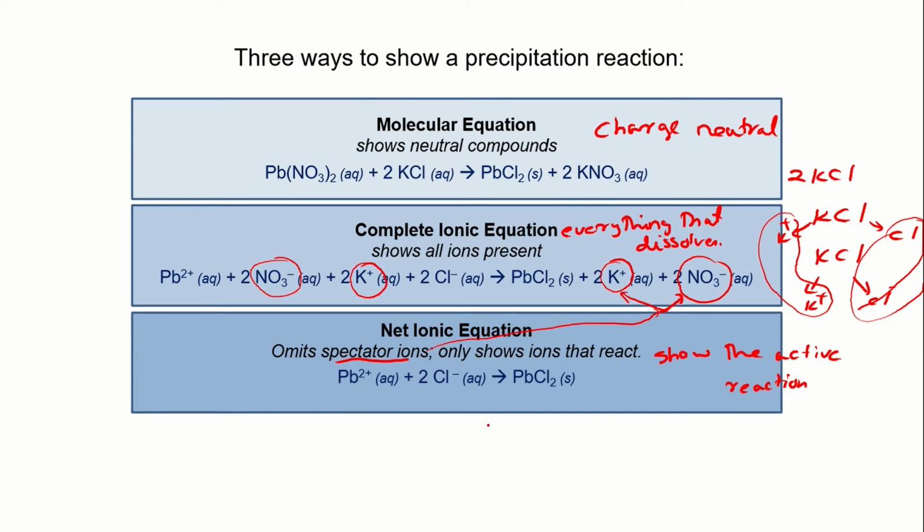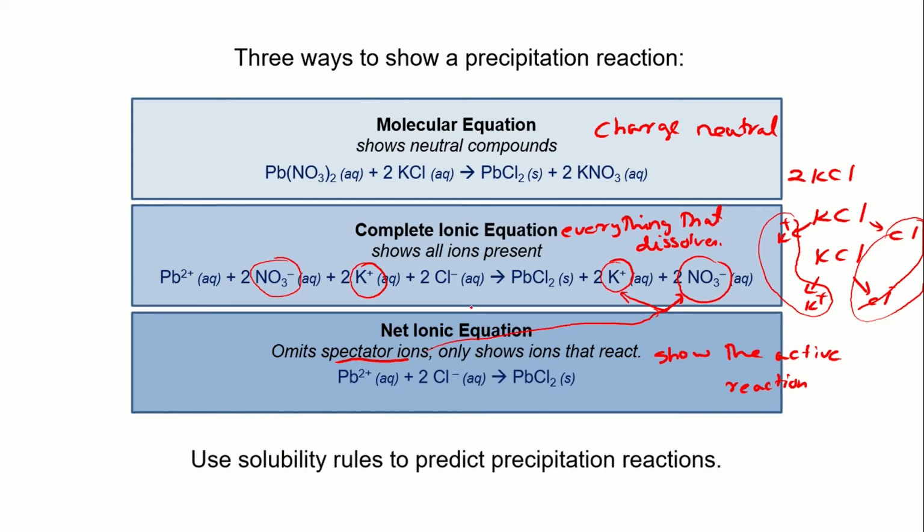So this is going to be your net ionic equation. So in order to predict these things, just in case the phase subscript is not given, you need to know the solubility rules to predict these three different types of equations.